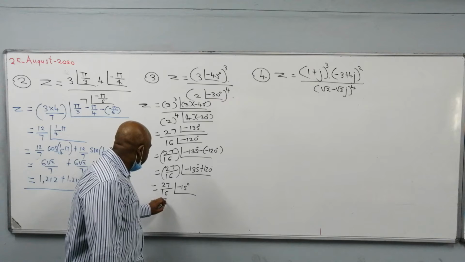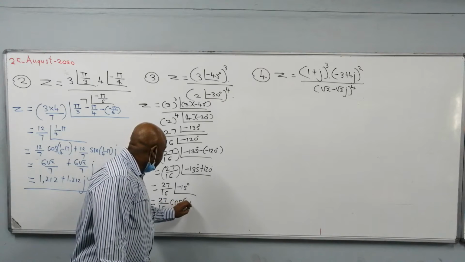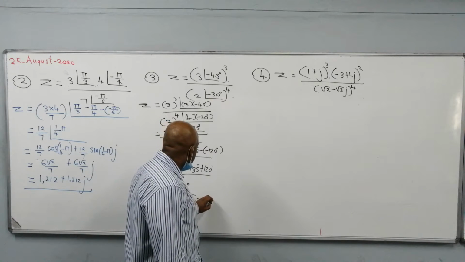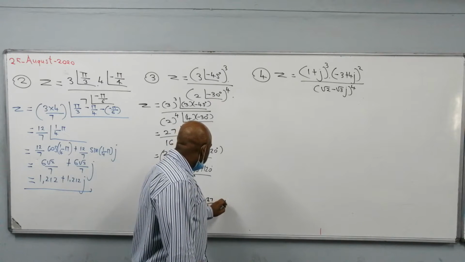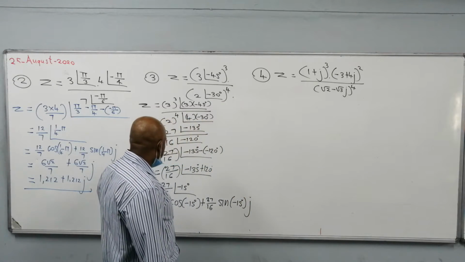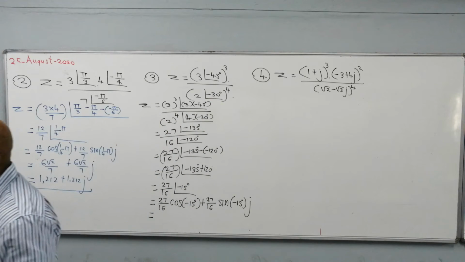So that's going to be 27 over 16 cos of minus 15 degrees plus 27 over 16 sine of minus 15 degrees times j. Give me the calculator.